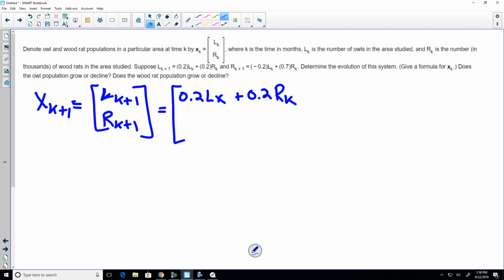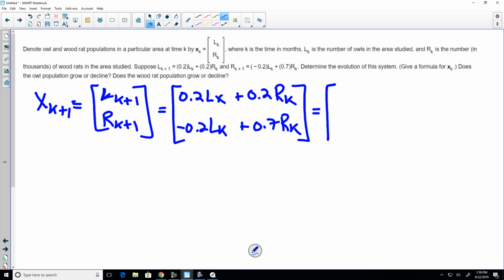And R sub k plus 1 is negative 0.2 L sub k plus 0.7 R sub k. And that is the same. You should be able to see this, right? It's 0.2x plus 0.2y equals negative 0.2x plus 0.7y, right?